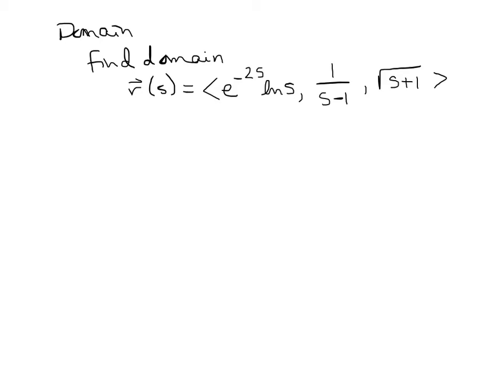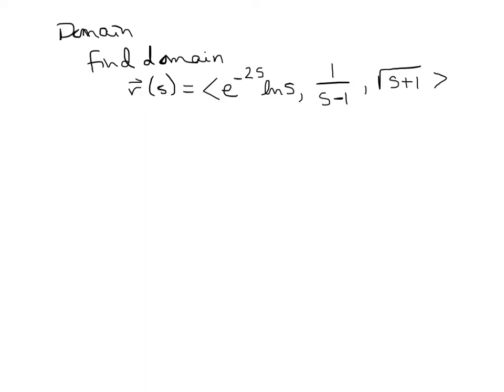We're going to look at each of these three components separately, figure out the domain separately, and then bring them all back together into one larger domain. The domain is going to be all of the values of s where all three of those functions will work.